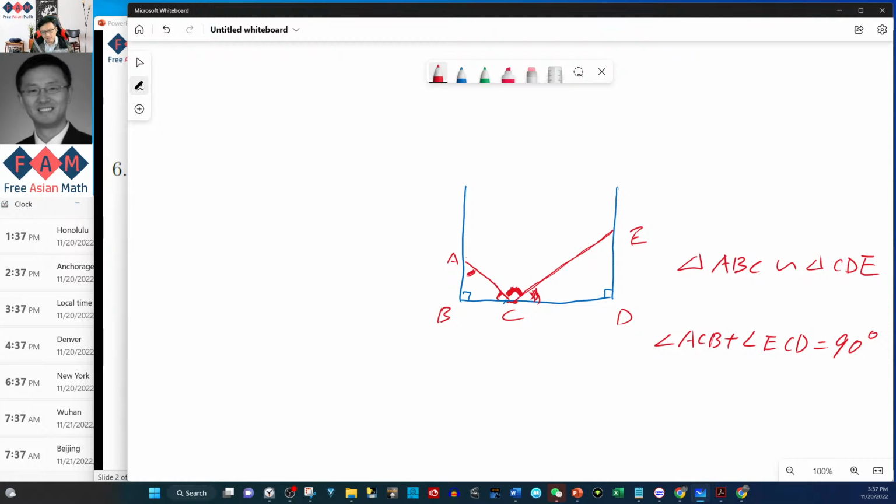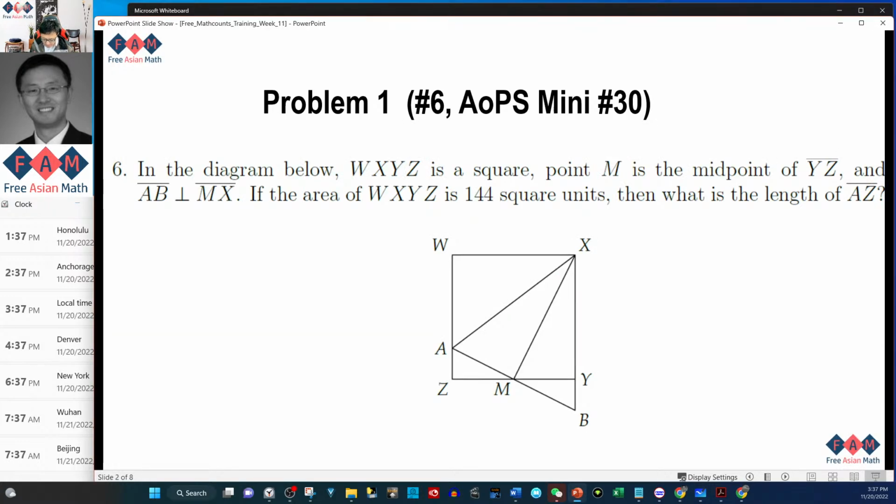One right angle in between, so the other two must be complementary to each other, meaning they sum up to 90 degrees. And because we have two square corners here, two right angles, then you immediately get a pair of similar triangles. So that's the point here.